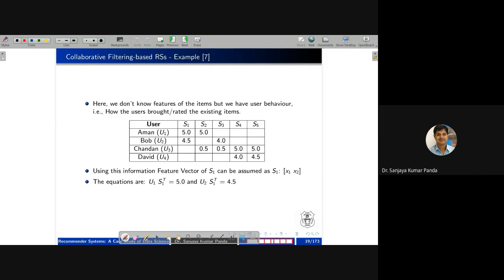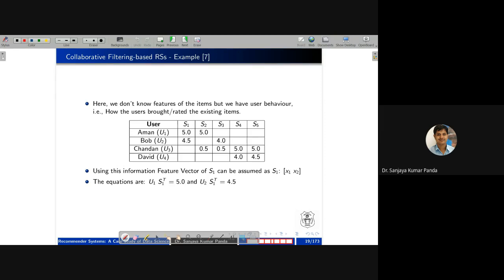We also do not know the features of the users, but we have the user's behavior, that is, how users rated the existing items. So in the case of collaborative filtering, the most important part given to you is the rating matrix.